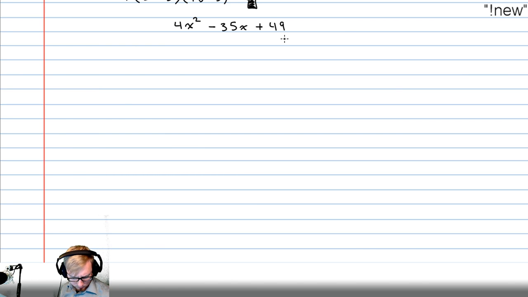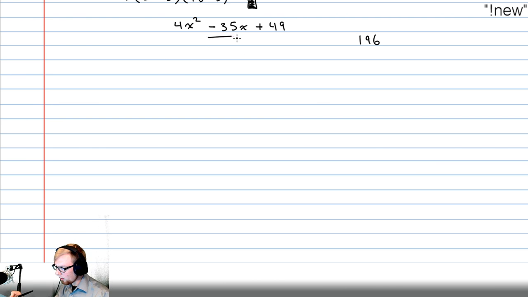I got stumped with one of the signs. Okay. So I put 4x squared minus 28x minus 7x, because the 28 and the 7 were the factors that we were looking for.